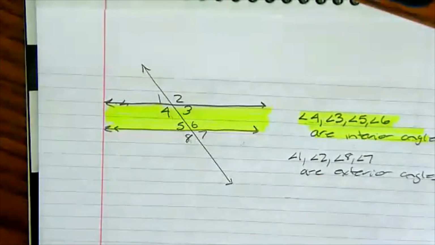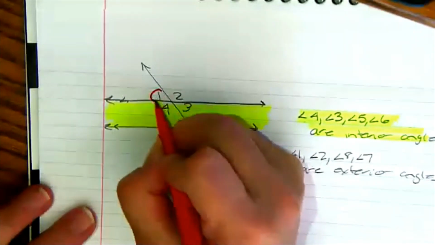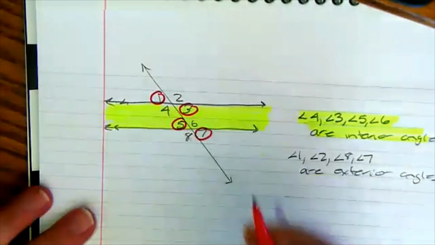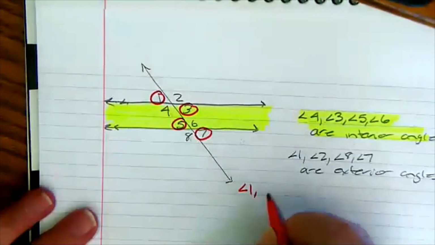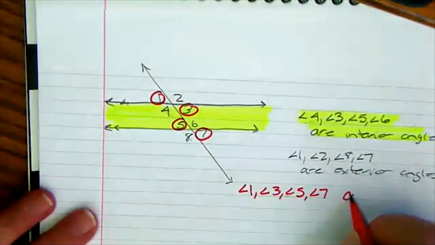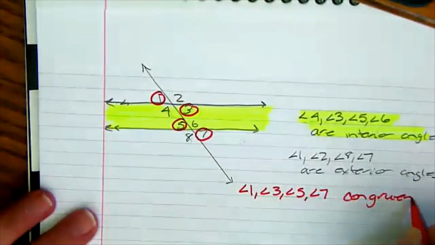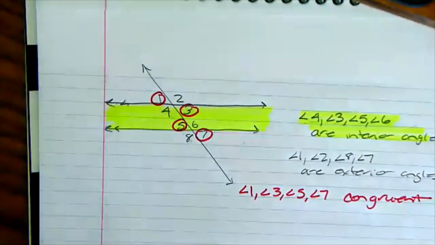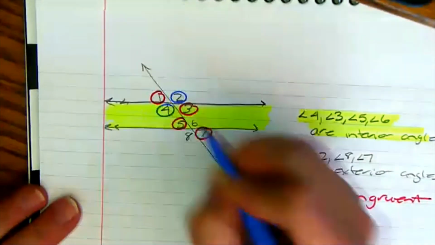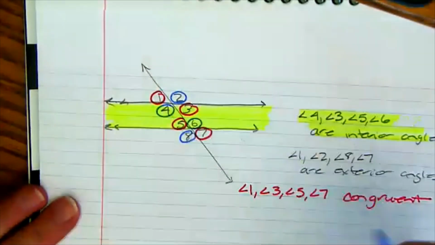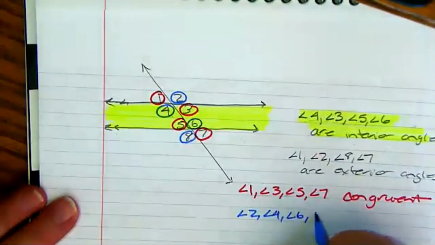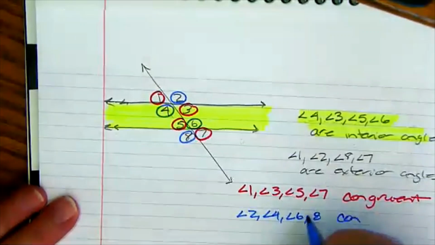And angles 1, 3, 5, and 7 are all congruent. And then angles 2, 4, 6, and 8 are all congruent.